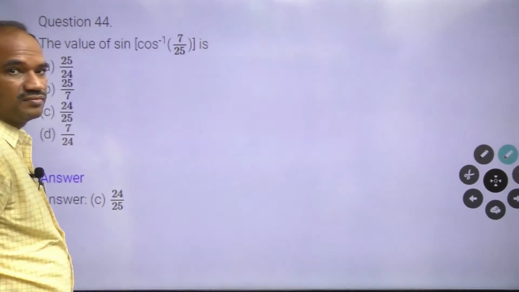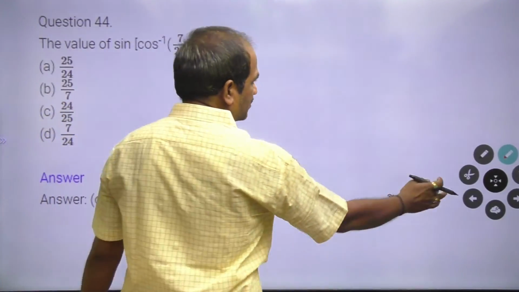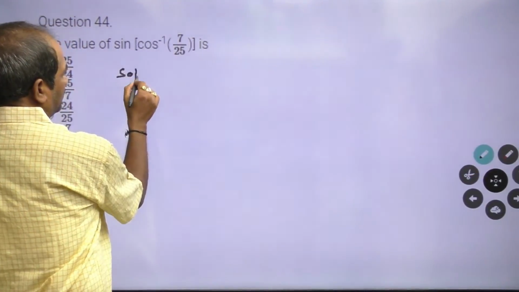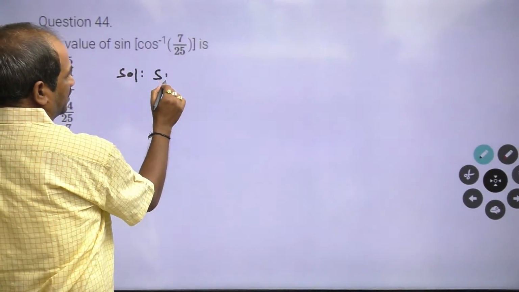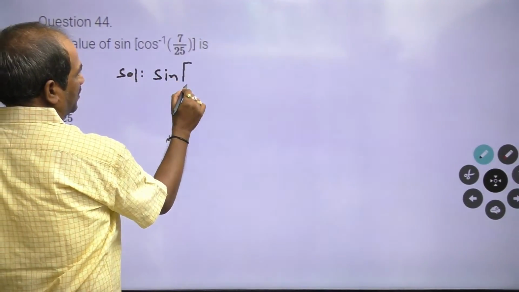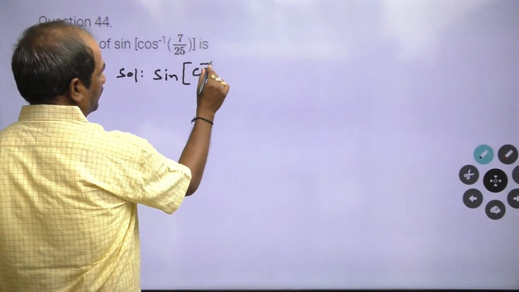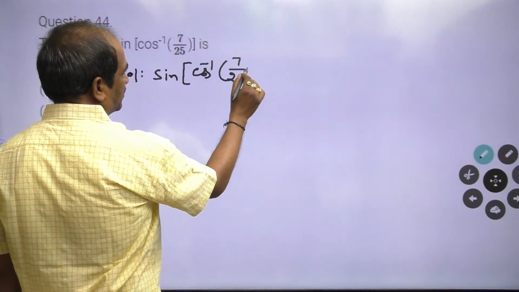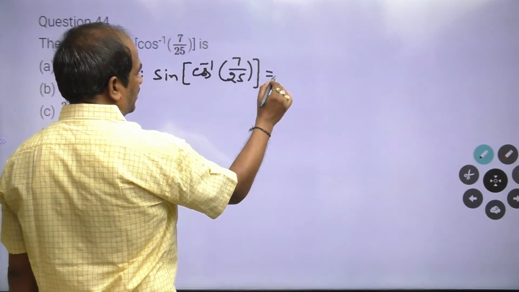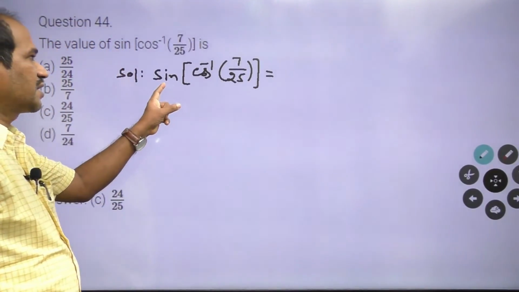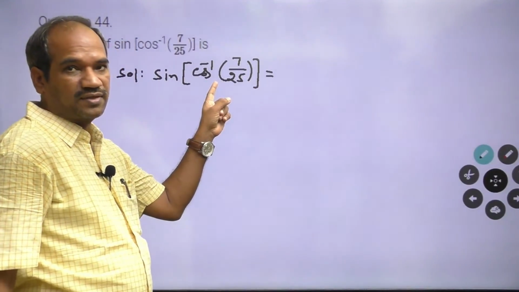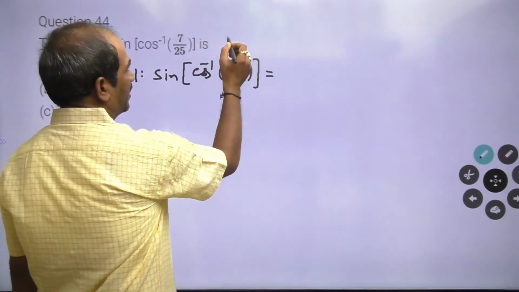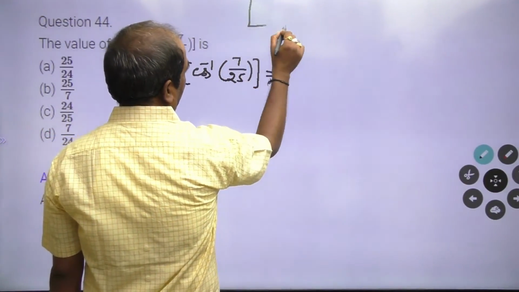In the solution, write this: sine of cos inverse of 7/25. This is cos inverse x, converting into sine inverse. Take a triangle here.